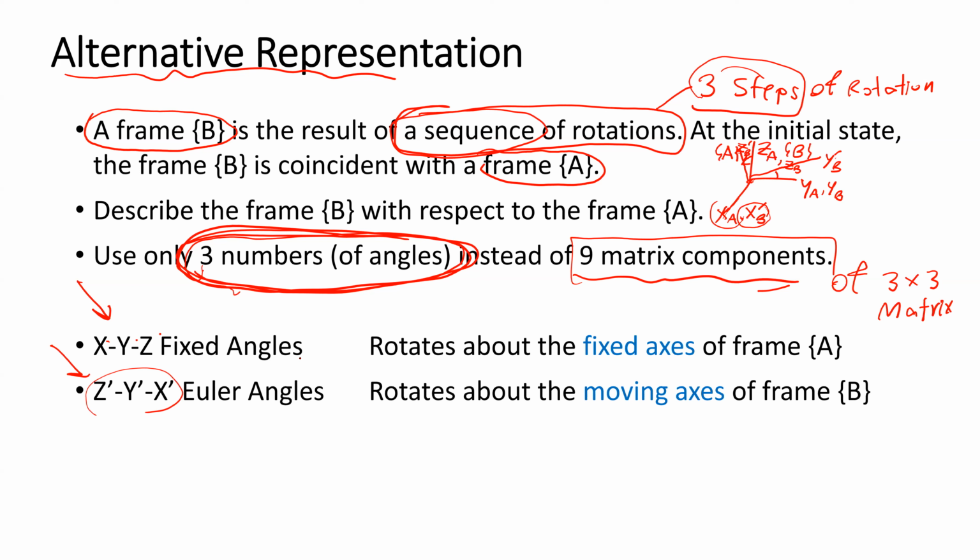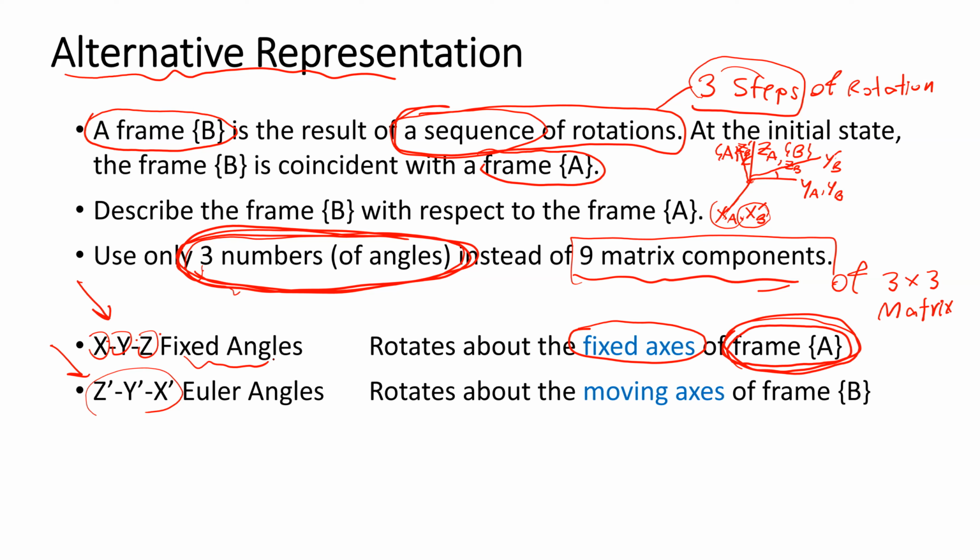For the fixed angle, the concept is that they rotate about the axes of the frame A, which never change direction. In the beginning, we rotate about the x-axis of the frame A, then about the y-axis of the frame A, and then about the z-axis of the frame A. And of course, the axes of the frame A never change direction. For this, we call it fixed angle.